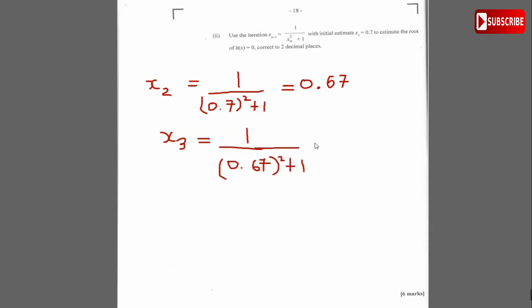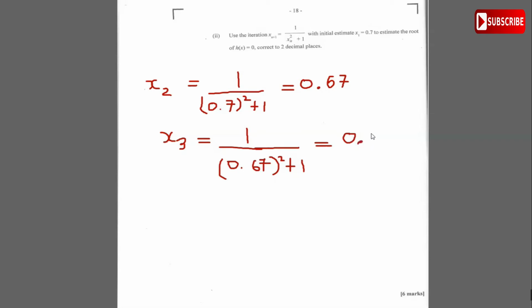And when you put that in your calculator, 0.67 squared plus 1, 1 divided by such answer, I get 0.69. Let me check that again. I square 0.67, add 1, divide 1 by the answer, and it is 0.69.